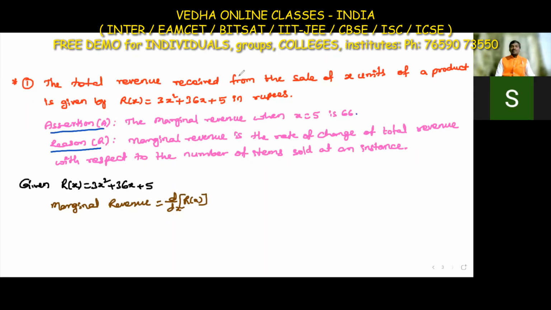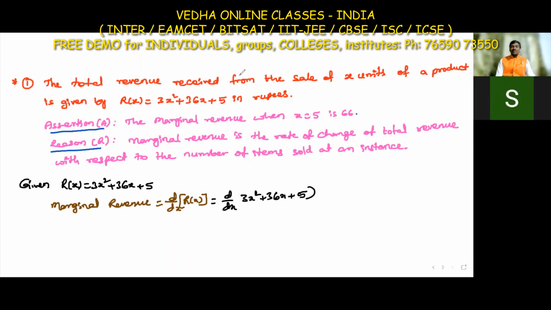So we differentiate this function: d/dx of (3x² + 36x + 5). Write d/dx separately for each term, one by one.